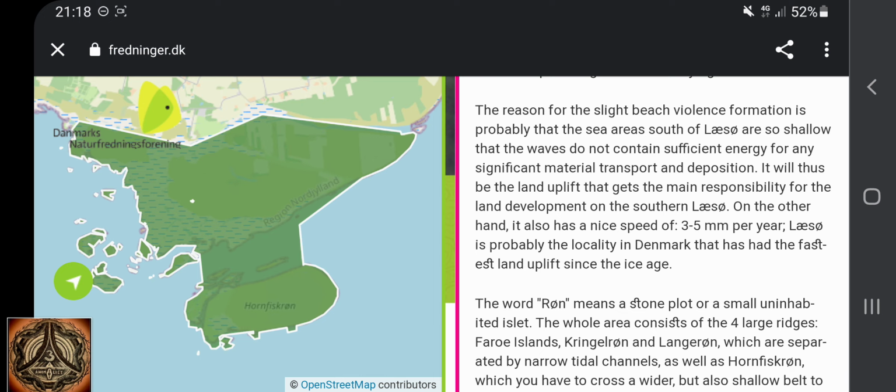It will thus be the land uplift that gets the main responsibility for the land development in the southern Læsø. On the other hand, it also has a nice speed of 3 to 5 millimeters per year. Læsø is probably the locality in Denmark that has had the fastest land uplift since the Ice Age.